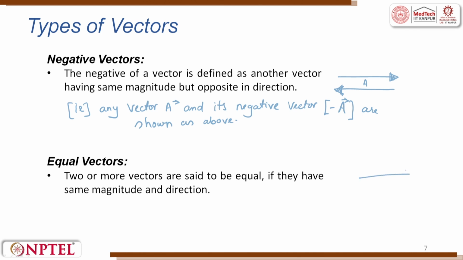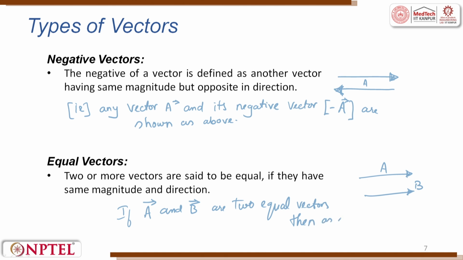For example, if you have this is A and this is B, here if A and B are two equal vectors, then as shown above.